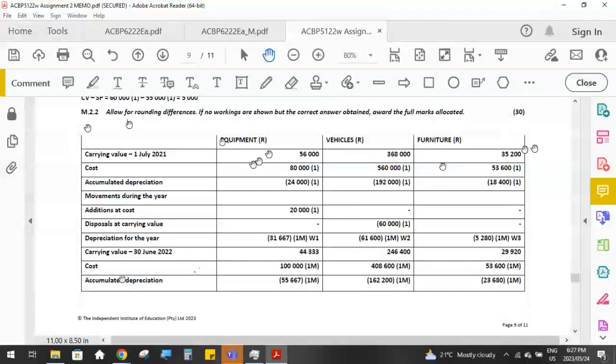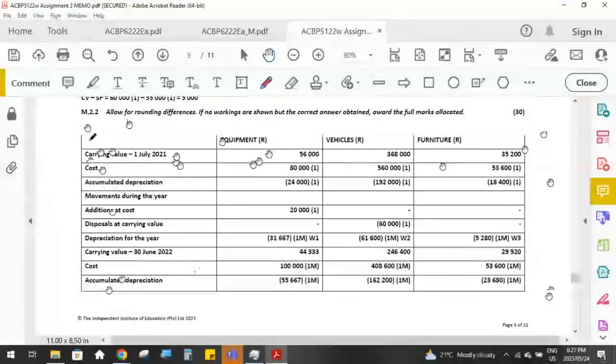Sometimes they ask for a total column. In this case, you did not have to produce the total column. Then these line descriptions down here on the left-hand side are also always the same. This is your fixed format for a property, plant and equipment note.